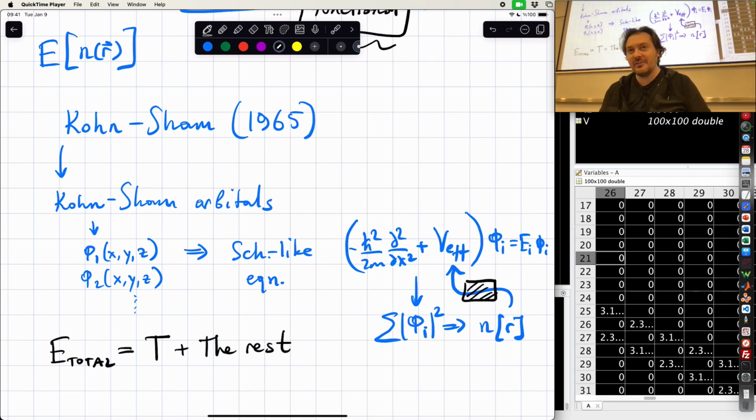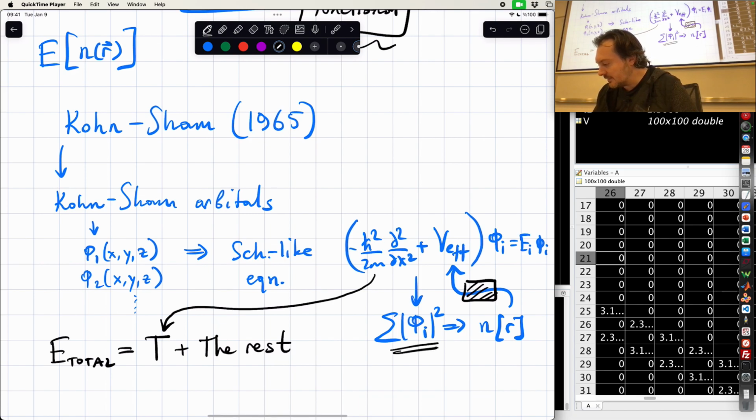What we did with this treatment is that this takes into account most of the kinetic energy part. So we are basically saying that this is the electron density, and since this is the electron density, we are taking this part.